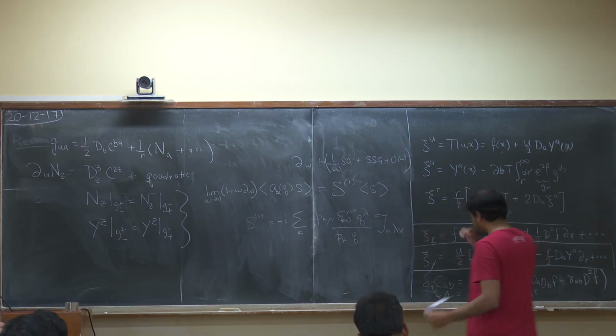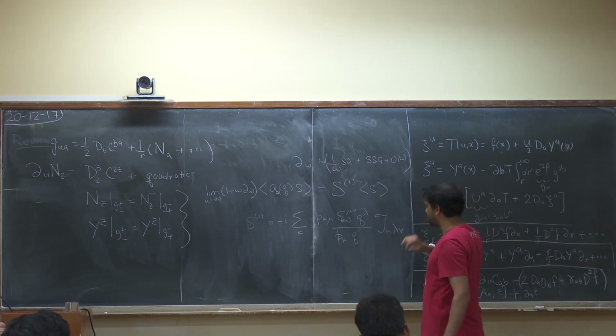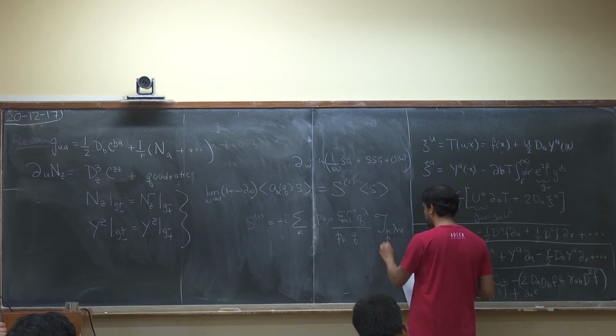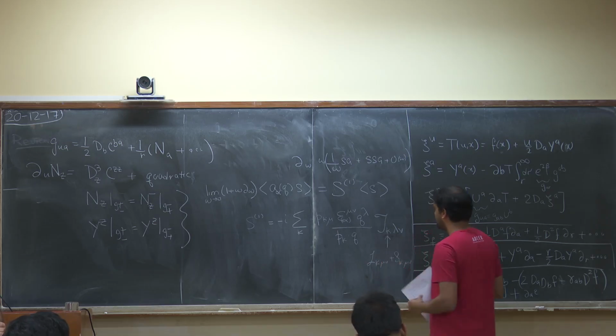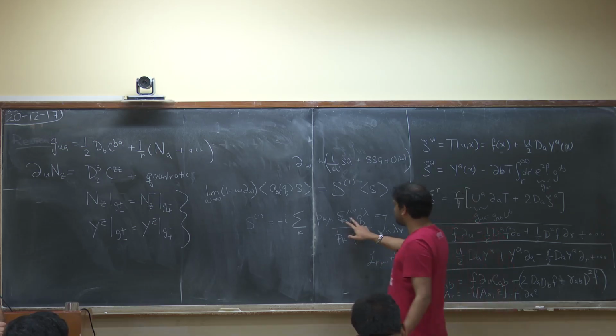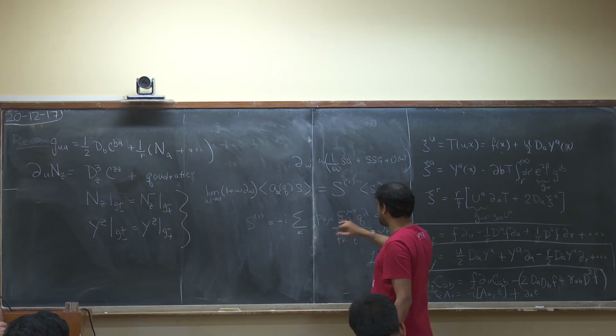Right. So this is the angular momentum operator acting on the kth particle. So in particular, it's the orbital plus spin. That's the gravitational polarization of the graviton with polarization alpha.